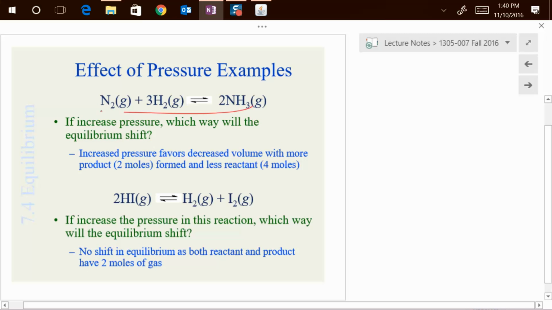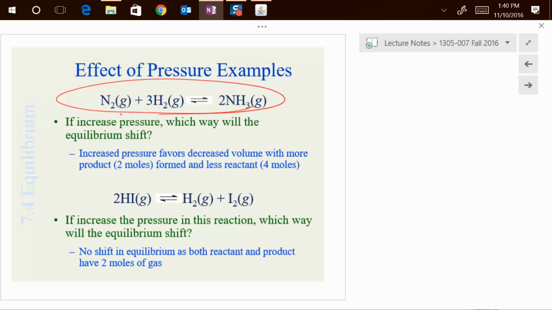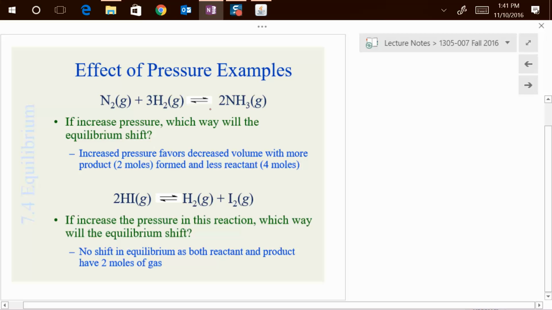So here this is in equilibrium. It's all gases. N2 and H2 produce NH3. Okay? This is a gas reaction. So let's look at the first one. If increased pressure, which way will this equilibrium shift? So what we have to do is count the number of moles of gas. How many moles of gas do I have on this side of the reaction?